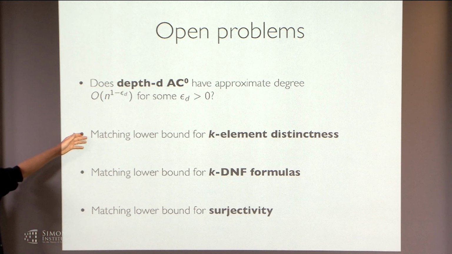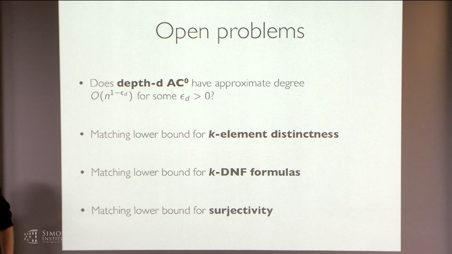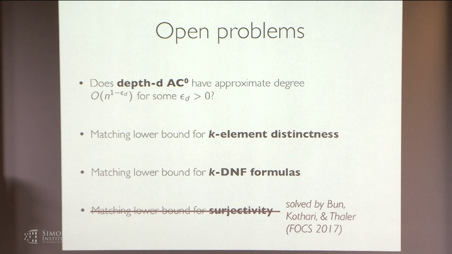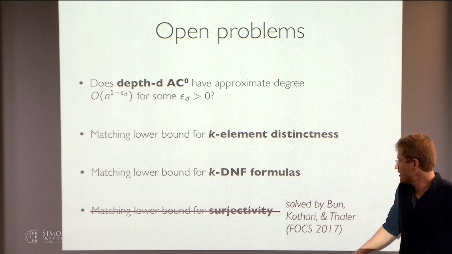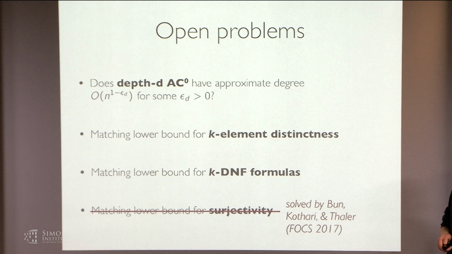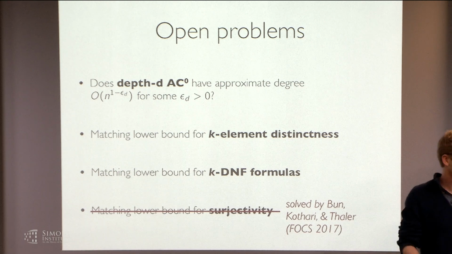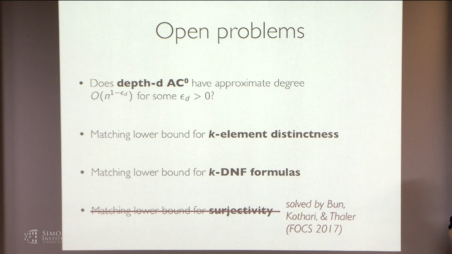Okay, this is a workshop on lower bounds, so let's have 3 problems that have to do with lower bounds. They are the natural ones. Show that the upper bounds in this work are tight. And as of today, this is only known for surjectivity. This was solved in a beautiful paper by Bun, Kothari, and Thaler. So Mark is going to talk about that work next.